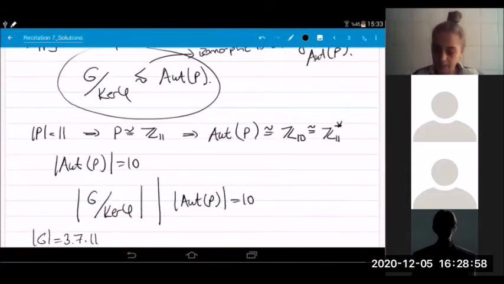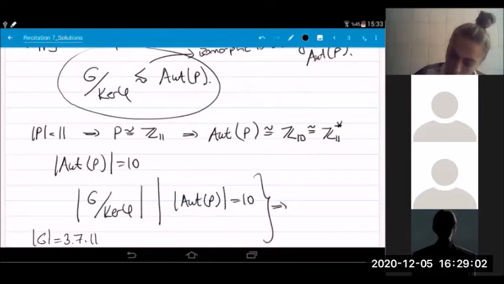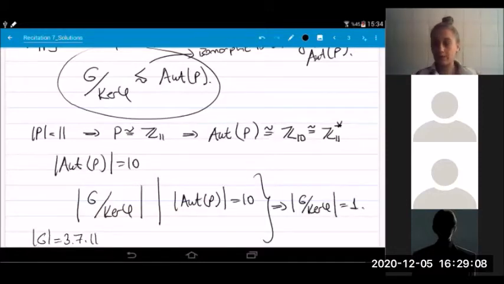Is it possible? G over kernel phi has to be equal to 1, because we have no factors of 2 or 5 here. So this means that this quotient group has to be the trivial group.